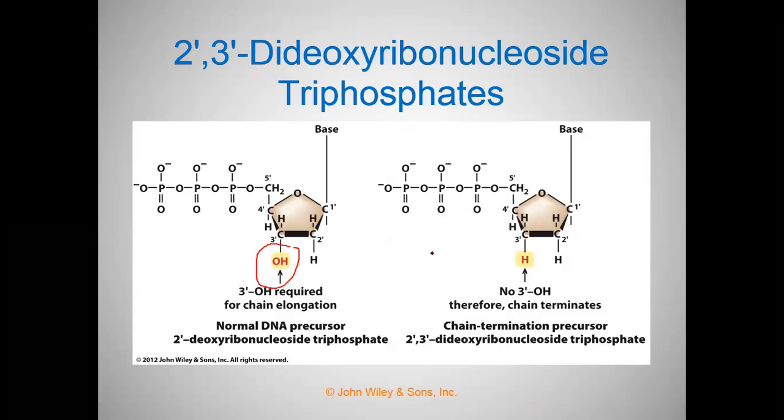But if we use the dideoxy, it means that at the 3' end, the oxygen is removed. Because of the removal of this oxygen, the ddNTPs, dideoxynucleotide triphosphates, cannot proceed further for the elongation of the chain.